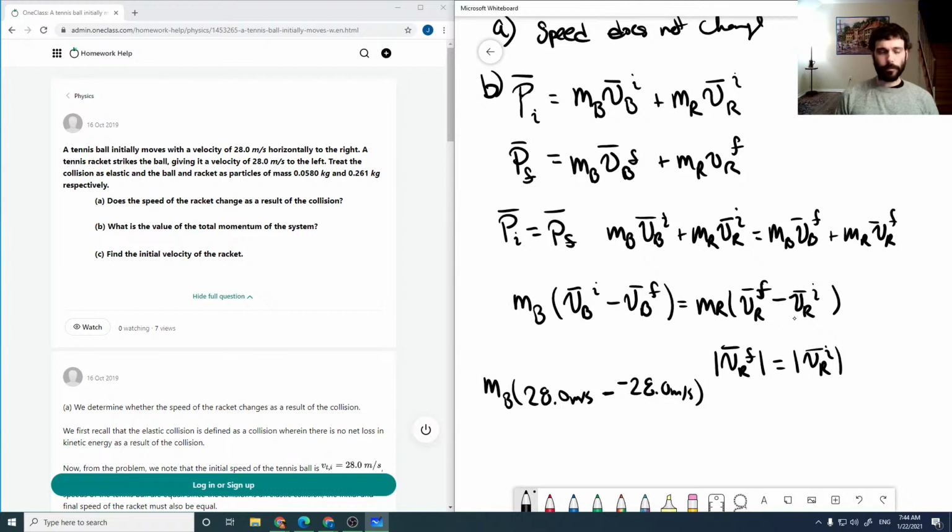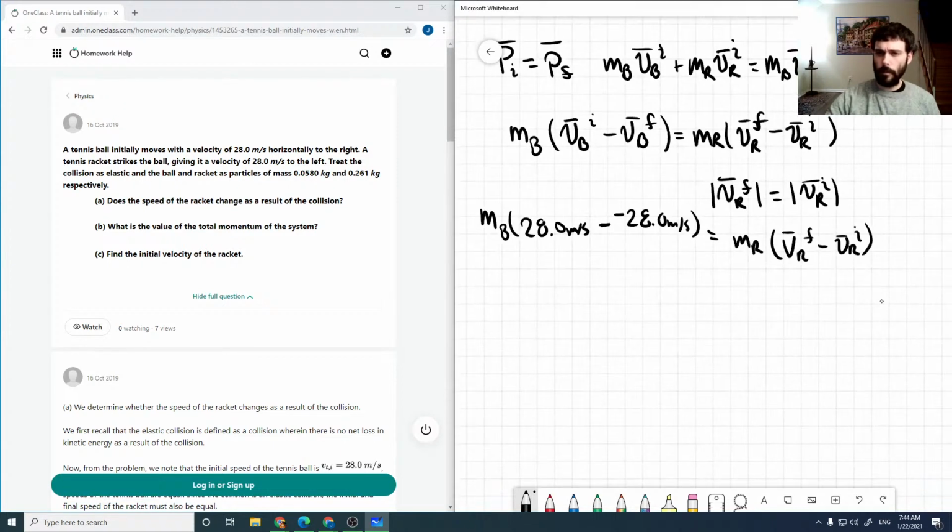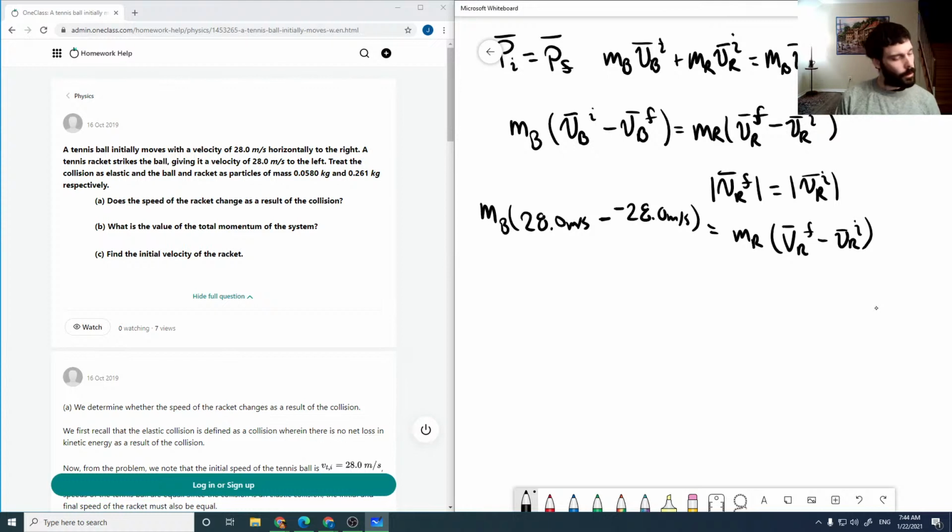So then on the left, it's non-zero. So I'll just leave this in like this. In fact, it's going to be m_B times 56. And so our velocity finally for our racket must be the negative of our initial.